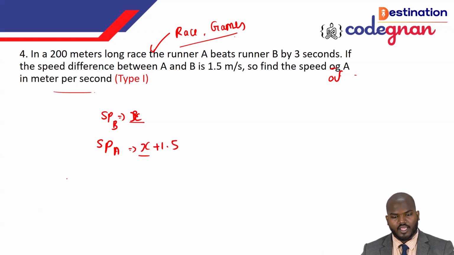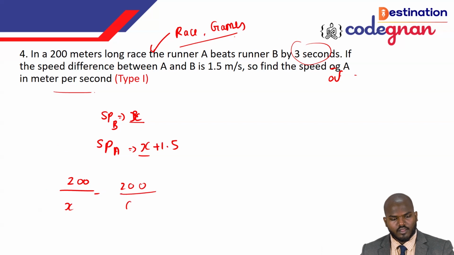That is, the distance is 200 meter. We can take it up. This is the time they have given in this one, right? So we can directly take it up. So 200 over X minus 200 over X plus 1.5 is equal to 3 seconds.